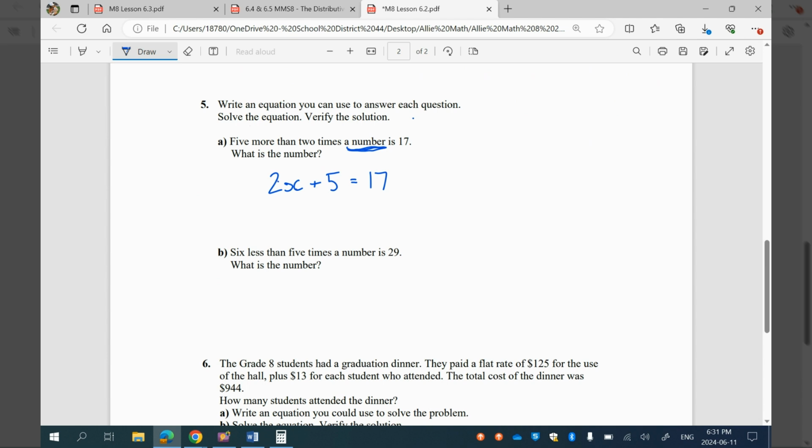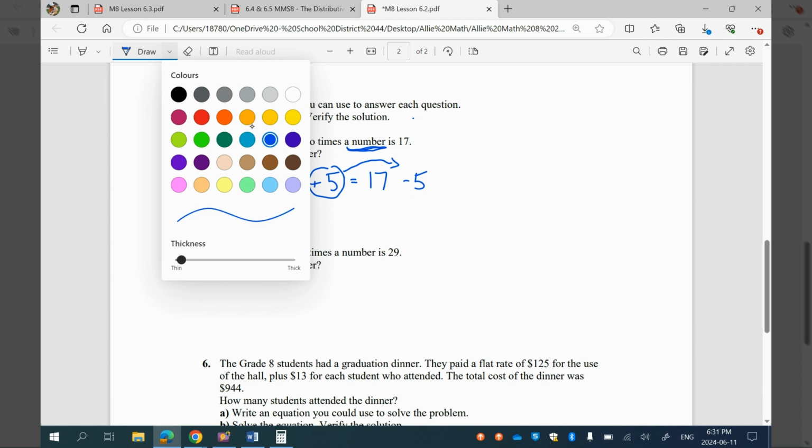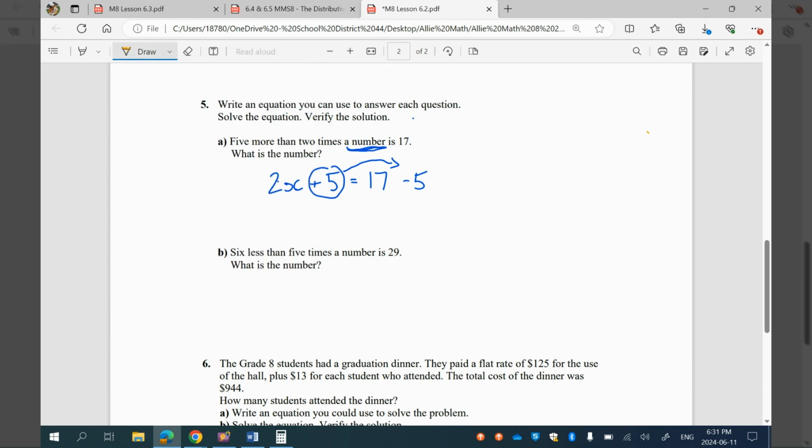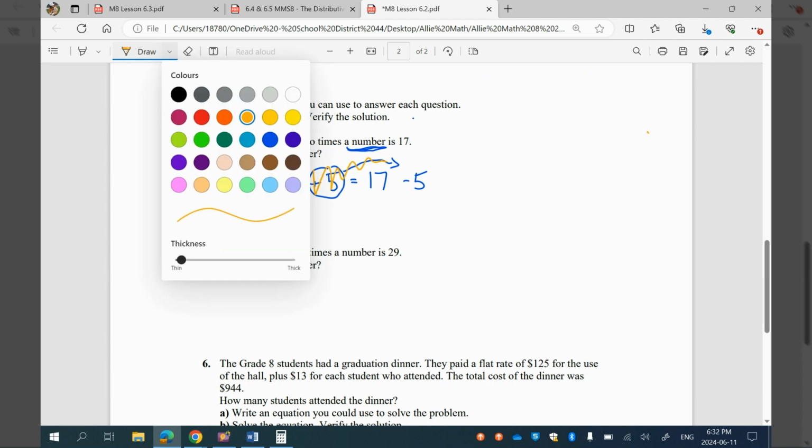So 5 more than 2 times a number is 17. What is the number? So now we can do whatever method you want. You can build the equation and then take it apart. You can think about converting this positive 5 over to the other side as a negative 5. Whatever you want to do. And let's do this one.